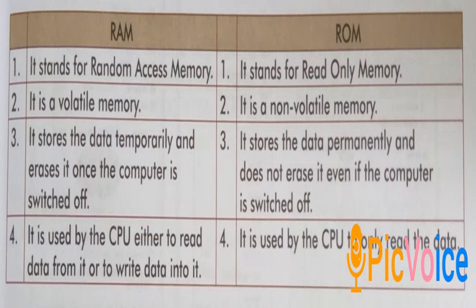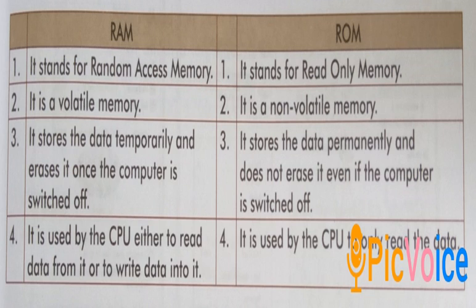RAM stands for random access memory, and ROM stands for read-only memory. Then 2, RAM is a volatile memory, but ROM is a non-volatile memory.